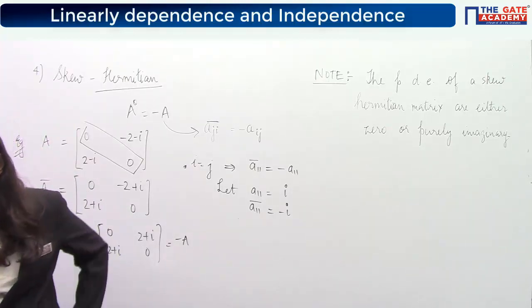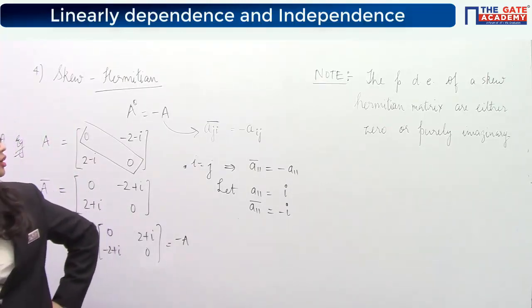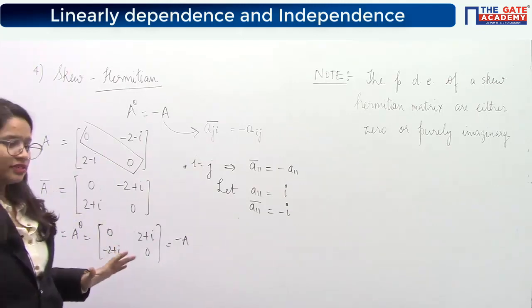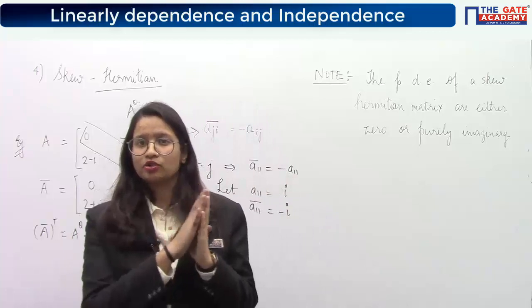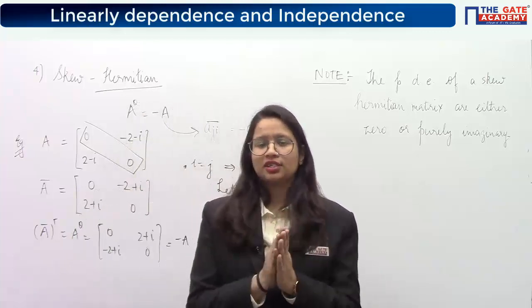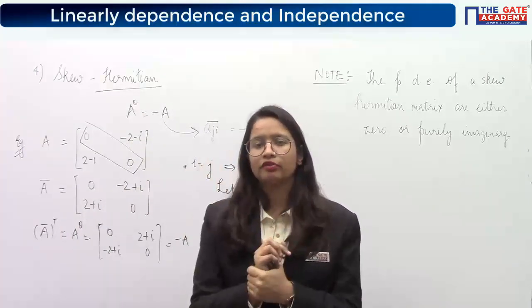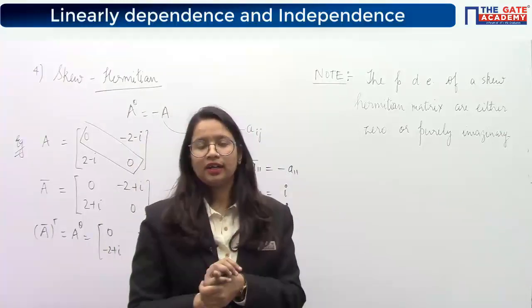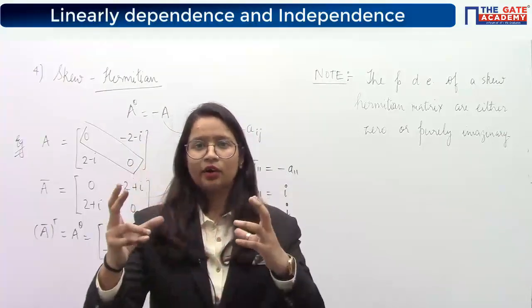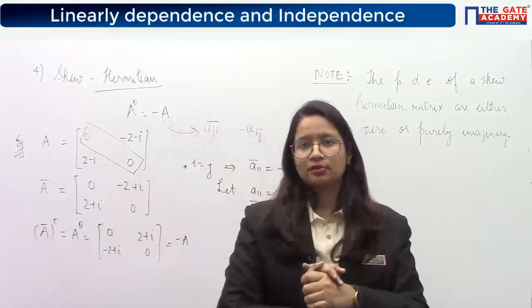Okay, so I think you are all clear with the complex matrices. We have seen four types of complex matrices. First one was conjugate of matrix, in which you just take the conjugate of each and every element of your complex matrix. Second one was transposed conjugate: take the conjugate of the matrix and then its transpose.